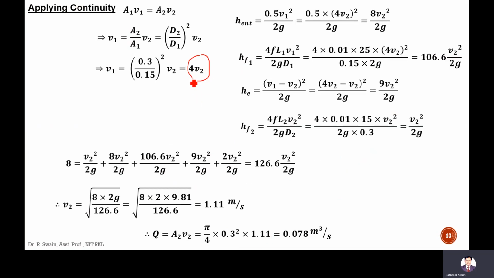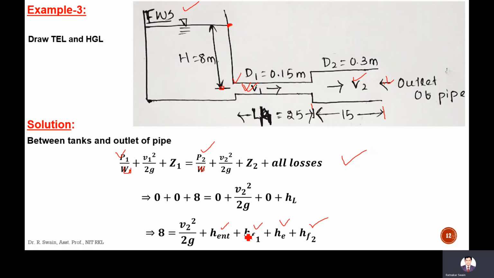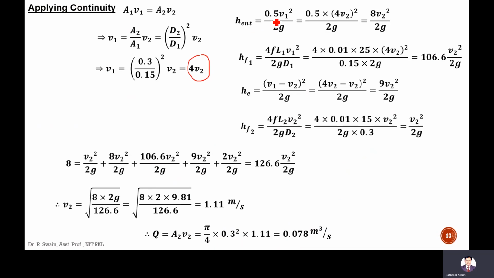Since we have not calculated V1 and V2, we can express this energy equation in one term, written in V2 form. So these losses you have to write in V2 form. The entrance loss is 0.5 V1 square by 2g, and V1 is 4 V2. We can put that here and get 8 V2 square by 2g.